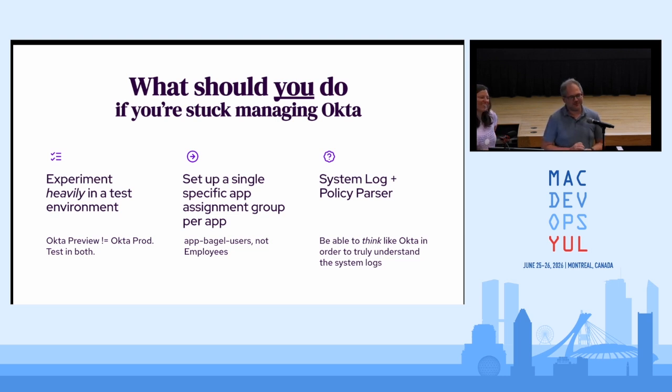And lastly, the most important thing is learn to think like Okta. The system log will give you a lot of very verbose information with nested JSON and all this stuff. But if you look at a system log entry while troubleshooting why someone was not able to log in, or why someone was able to log in and I didn't expect it to be able to happen, you need to really be able to think about the structured data that you get there, and how that merges with your app sign-on policies, your global session policy, and the few other things that go in there.